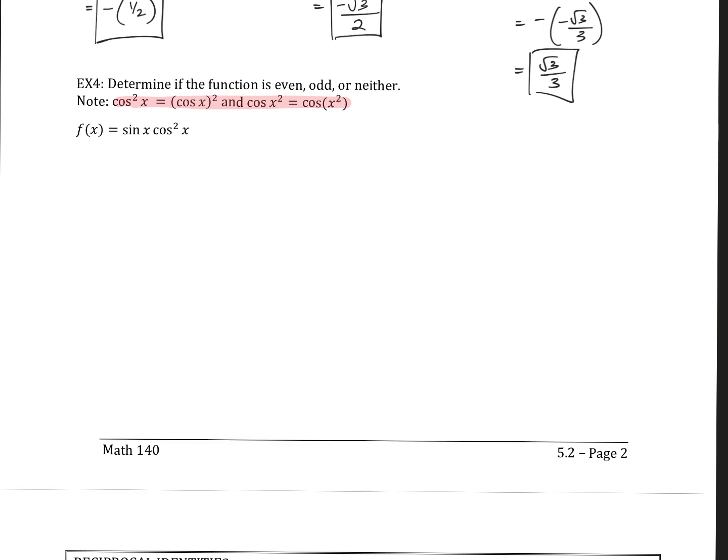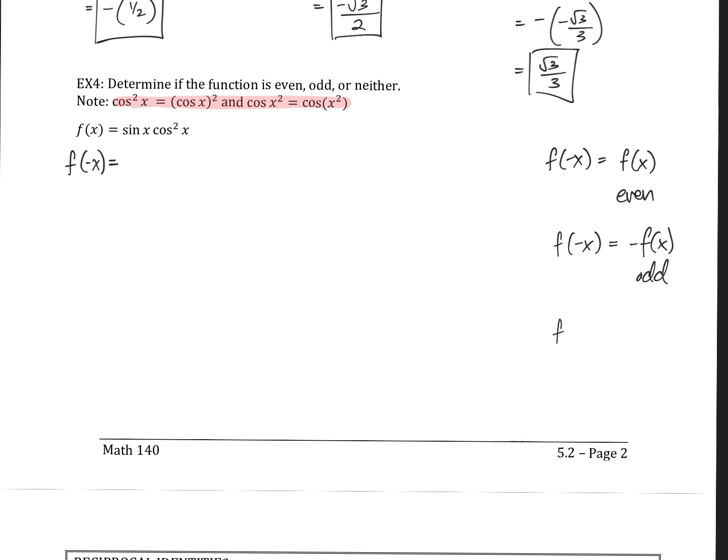All right, let's take a look at f of x equals sine x times cosine squared x. Well, what do we know? To determine if it's even, odd, or neither, the test is to always input the negative x value. That's the test. And if, when we input the negative x value, we end up with f of x, the function is even. If, when we put in that negative x, we end up with the opposite of f of x, the function is considered odd.